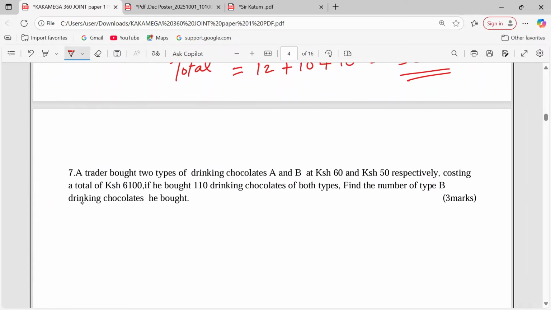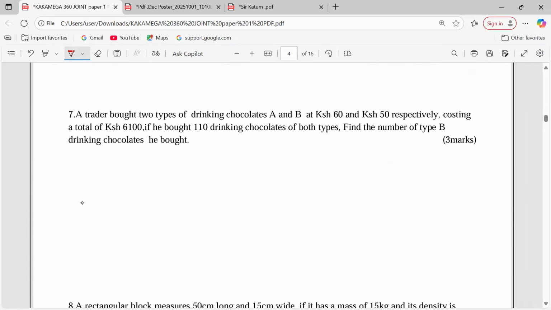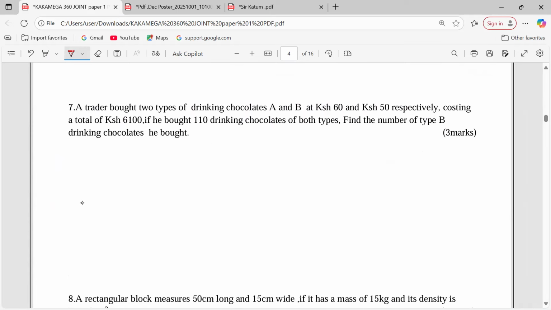Number 7, we are told that a trader bought 2 types of drinking chocolates, A and B, at 60 and 50 respectively, costing a total of 6,100 Kenya shillings.